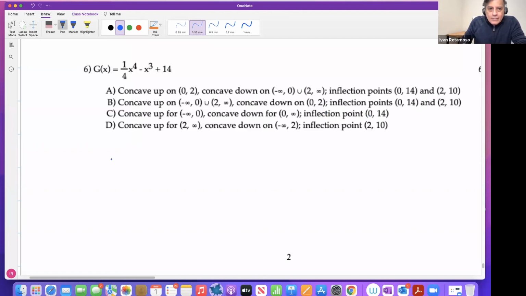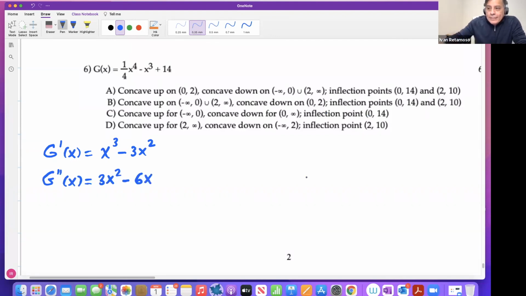The first derivative is this: the 4 comes down, multiplying a quarter is just 1, so x to the third minus 3x squared, the derivative of which is 0. This is the first derivative, but since we are dealing with concavity, we need the second derivative. The second derivative will be 3x squared minus 6x.